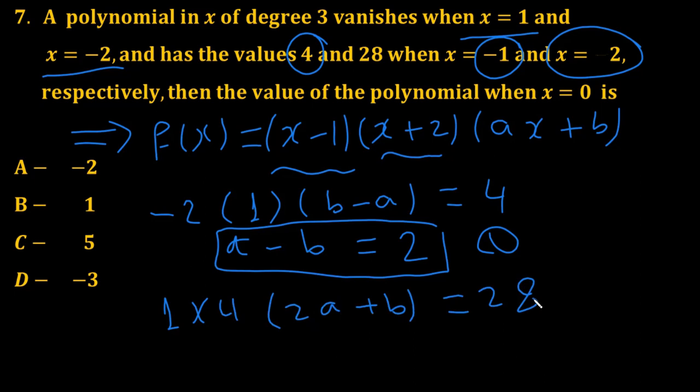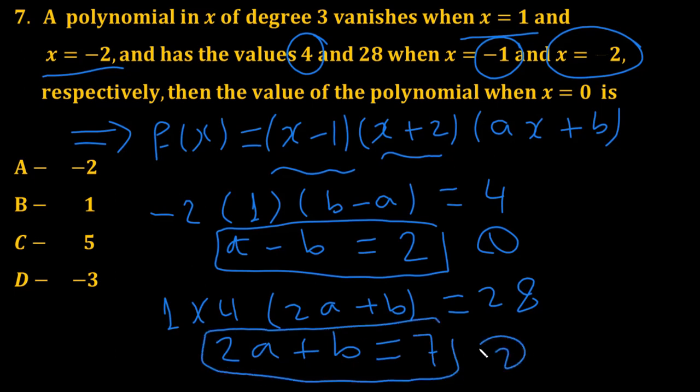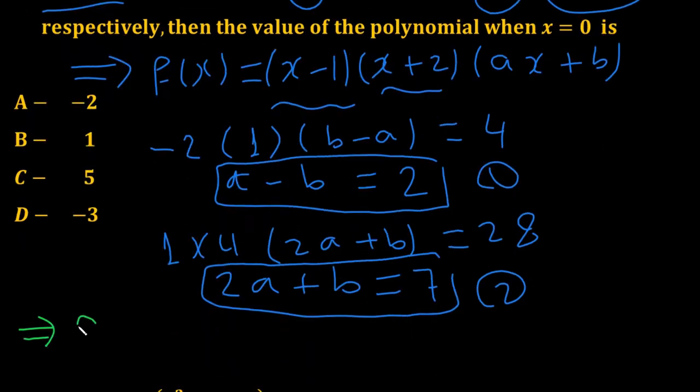Simplifying this equation again, we get 2a plus b equals 7. Now we can solve equation number 1 with equation number 2 to get the values of a and b. We get a equals 3 and b equals 1.